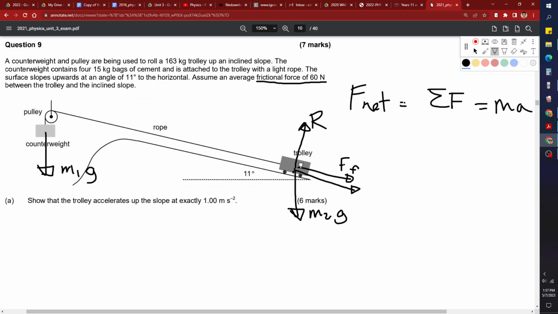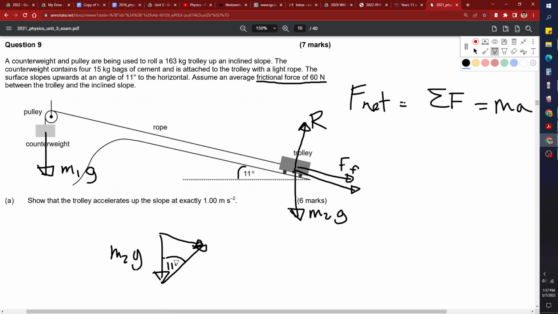So if I were to draw these two in, my M2G and my reaction force, okay, tip to tail, and then I draw this one in for the net force for those two, well, the angle that we have here for the slope, 11, goes opposite that component.